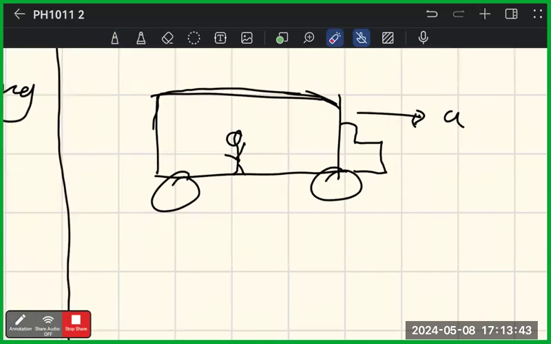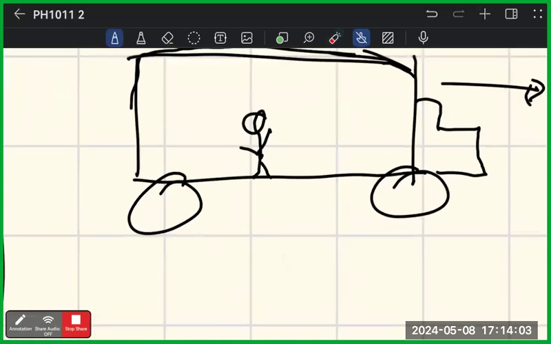So if it's from the initial condition with no velocity and suddenly it moves, you get pushed backwards. Okay, I mean it's common sense. You get it, right? But actually there is no force that is pushing you backwards, right?